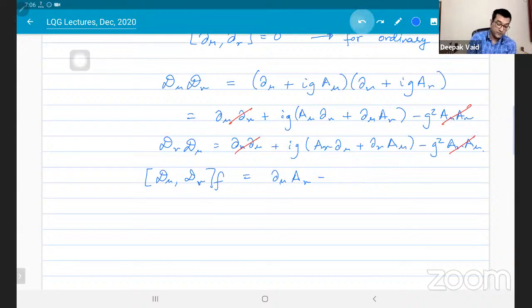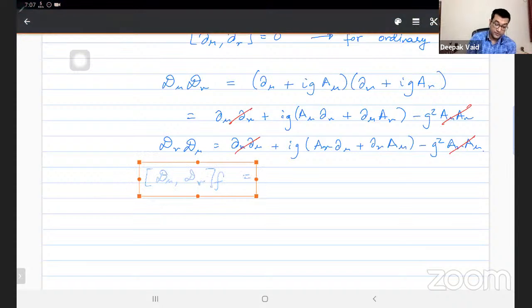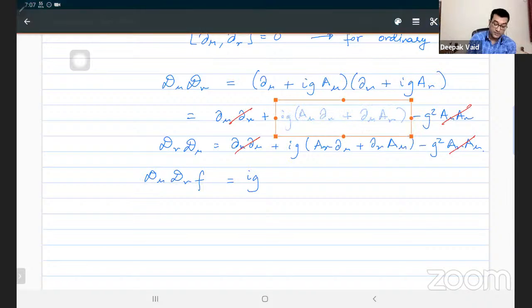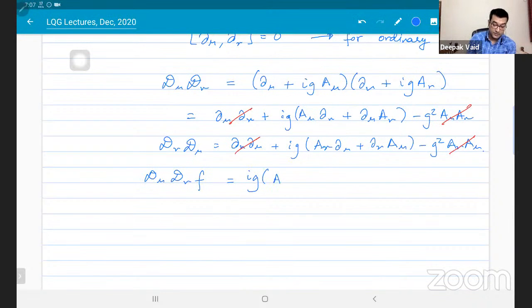So let me work that out. Okay, better to be safe than sorry. Let me ask, what is the action of this on some field f? I'm left with this term, remember, so I'll just use this term and see what happens: A mu d nu plus d nu A mu f.